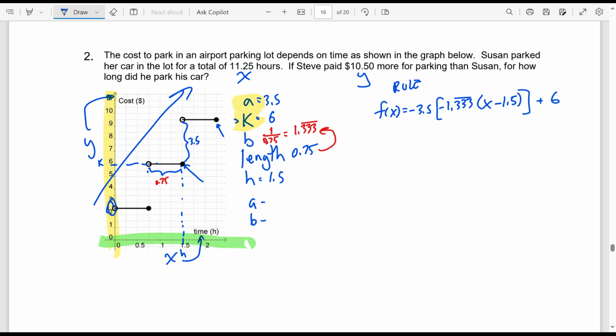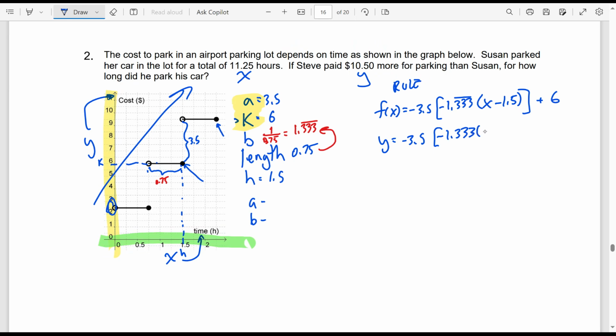We know that Susan parked for 11.25 hours, and we know Steve paid $10.50 more for parking. So we have to figure out how much Susan paid first for her visit. Because that's an X value, that will mean that y is equal to negative 3.5, negative 1.333.